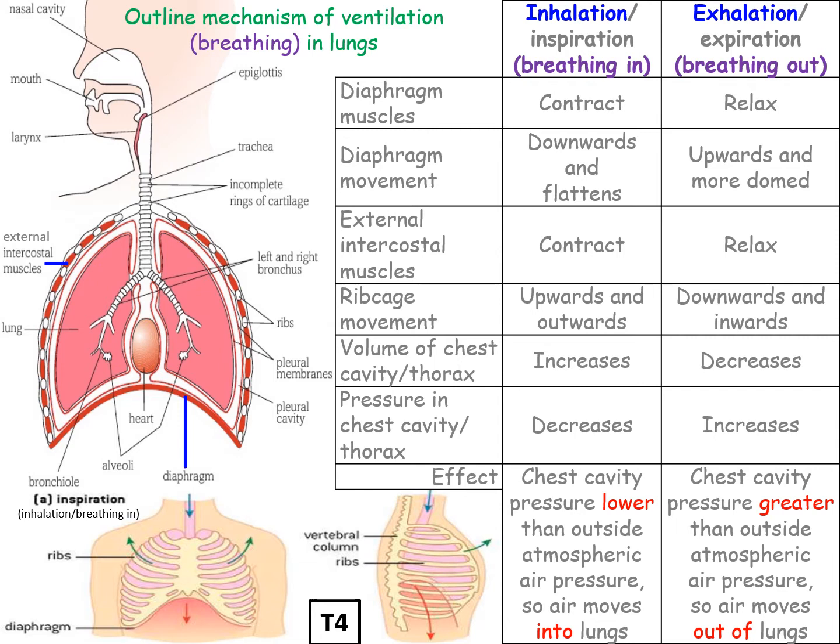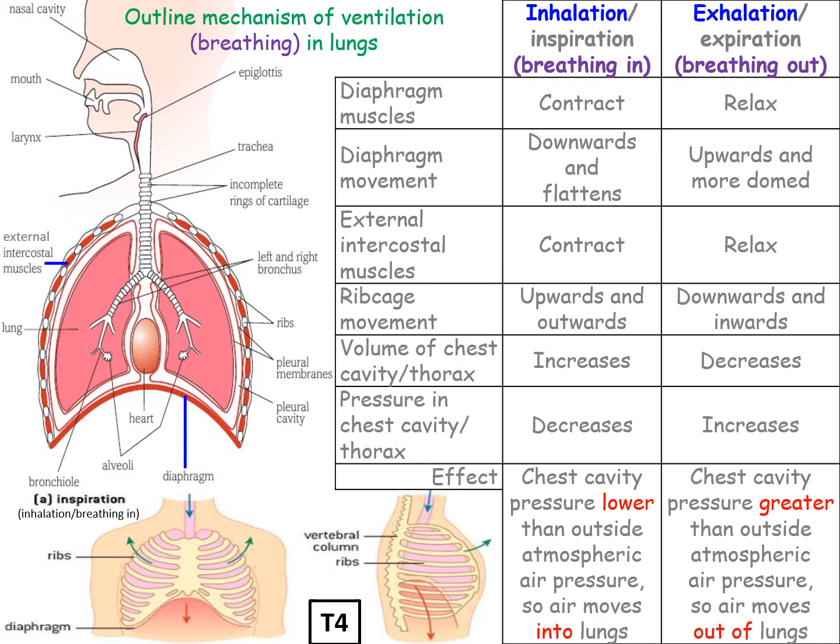This has the opposite effect when you're breathing out or exhaling. So here the diaphragm muscles relax, and that means that they move upwards and become more dome-shaped. The external intercostal muscles relax, and that causes the rib cage to move downwards and inwards.